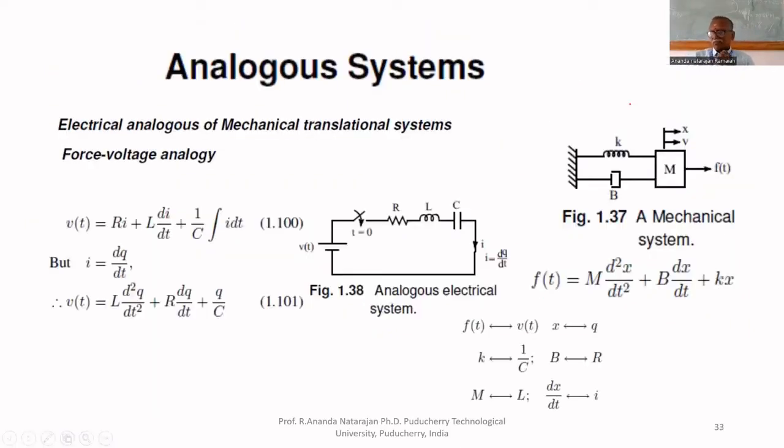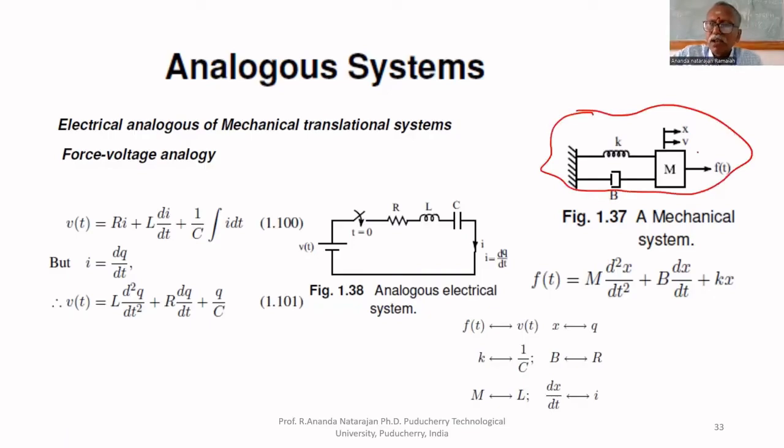Analogous systems. For a mechanical system, we can find an electrical analogous system. Electrical analogous system means the differential equation governing the systems, electrical as well as mechanical, are identical. What is the mathematical model of this given mechanical system?